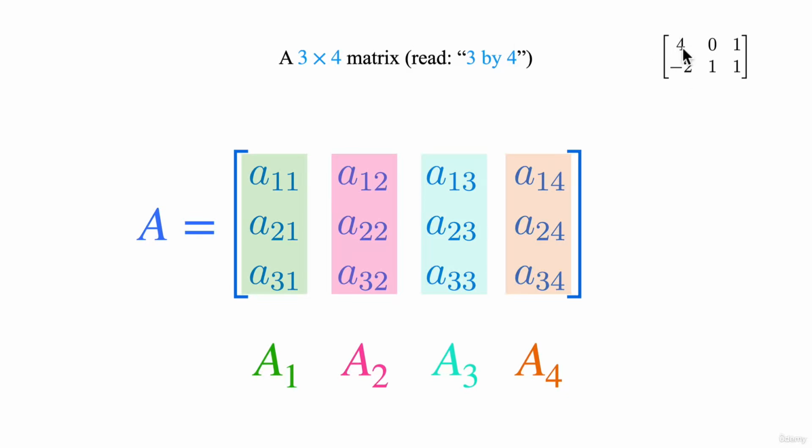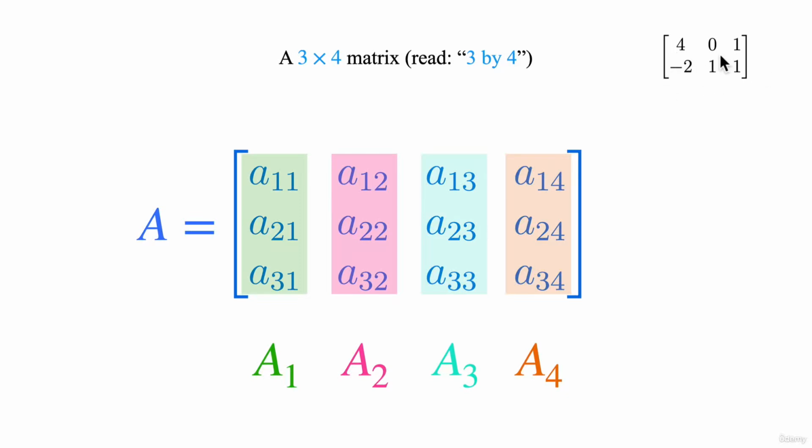If you want to use this way of denoting elements, you will say that 4 is element A11, 0 is element A12 because it's in the first row in the second column, and 1 is element A13 because it's in the first row and in the third column. -2 is A21, because it's the second row and the first column.